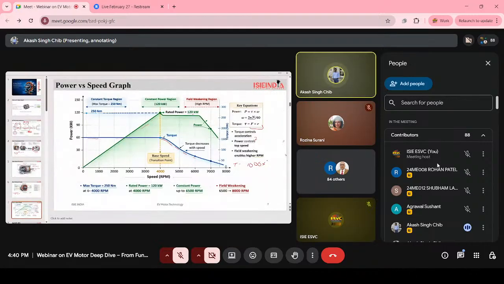The radius in the motors is around 0.3. So basically the torque we get at this point is around 300 Newton meter.